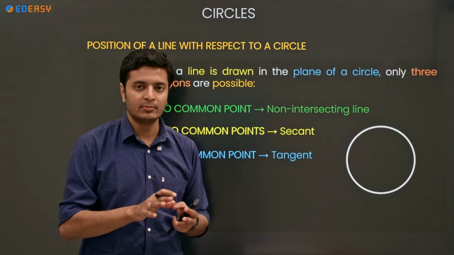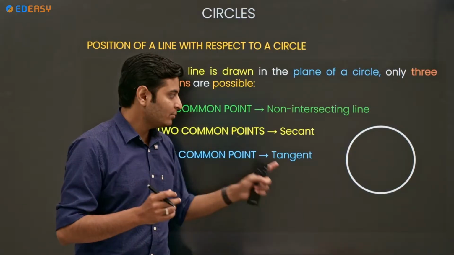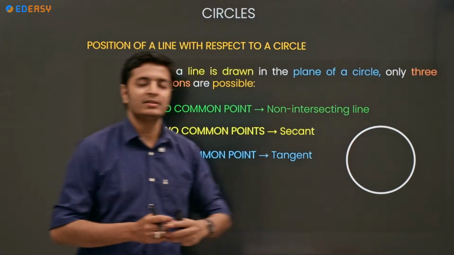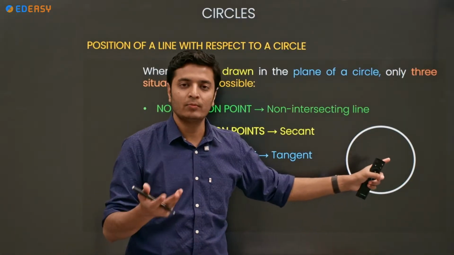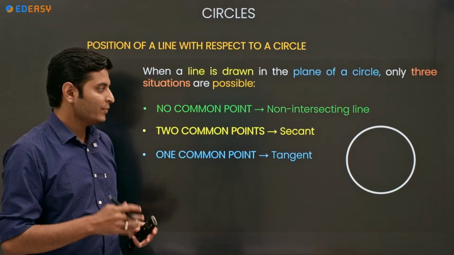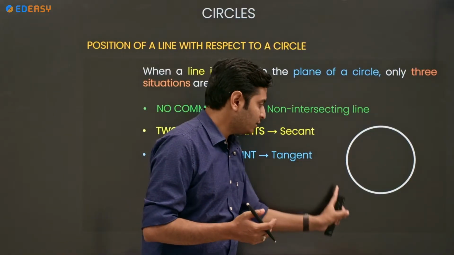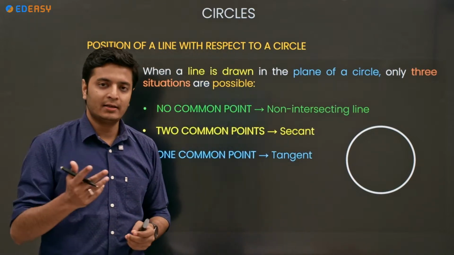This is possible. The other case would be two common points. Suppose some line is passing through the inside of the circle, then how many common points will they have? Two. Then only one common point. You can understand it like this, that the line is just touching the boundary of the circle.